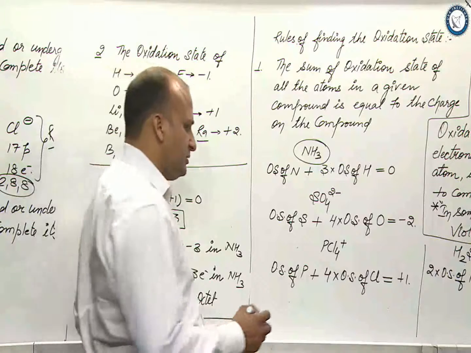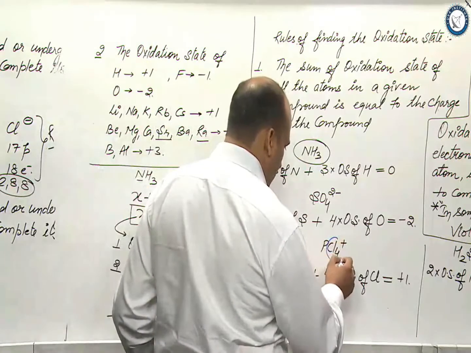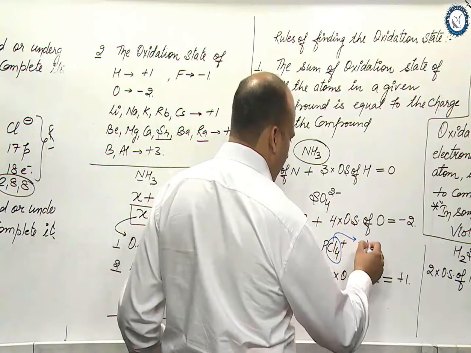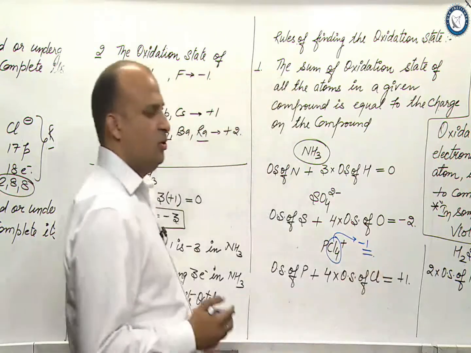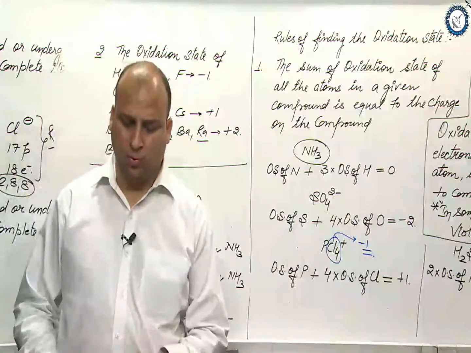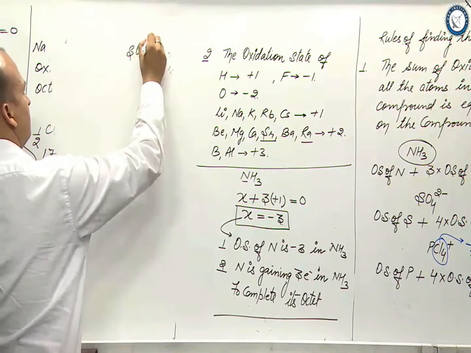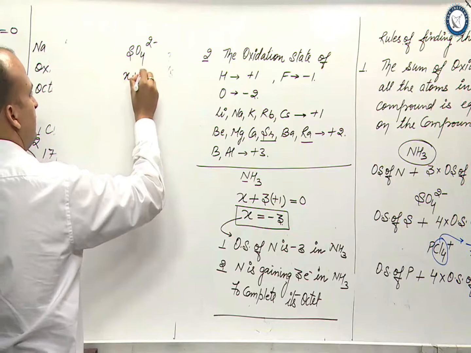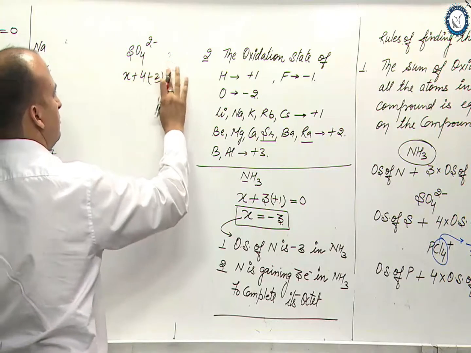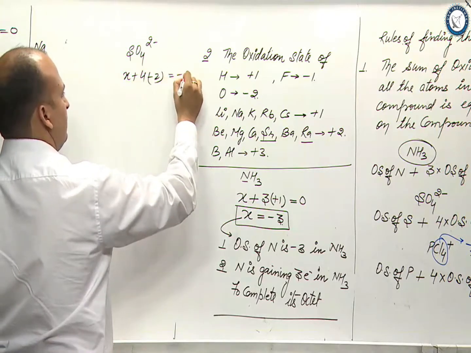Now in this case, chlorine is having -1. SO4 2 minus, sulfur is X plus 4 into -2 is equal to -2.